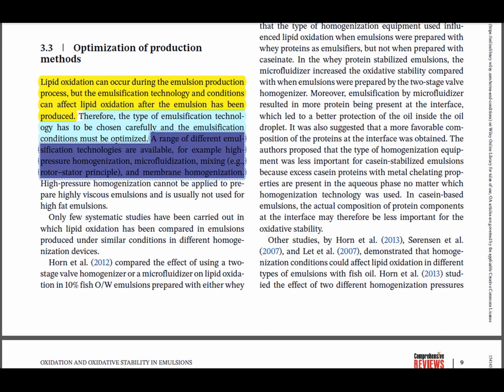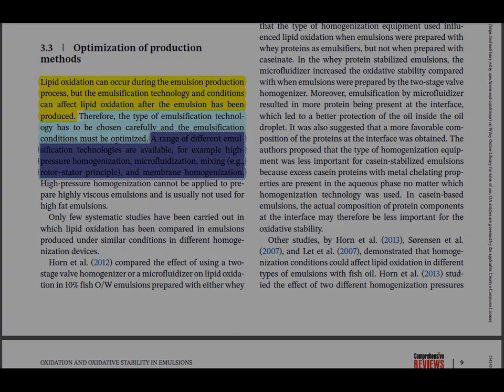Therefore, the type of emulsification technology has to be chosen carefully and the emulsification conditions must be optimized. A range of different emulsification technologies are available, for example, high-pressure homogenization, microfluidization, mixing, and membrane homogenization.